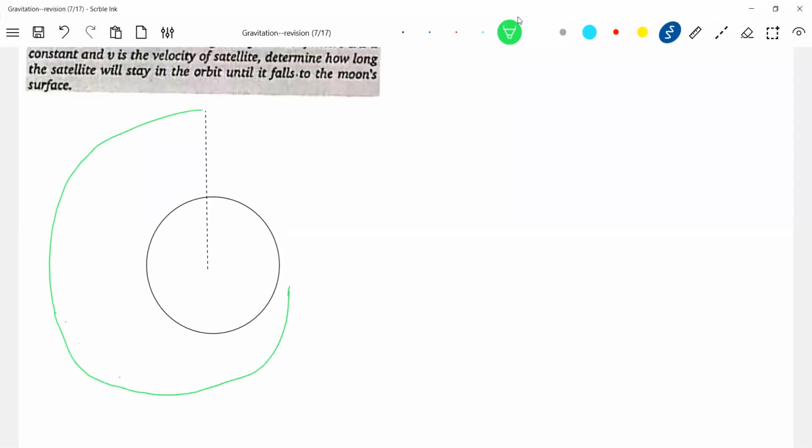Not the exact shape, I'm able to draw some rough diagram. It should be a curved one. I'm not able to make it a perfect curve.